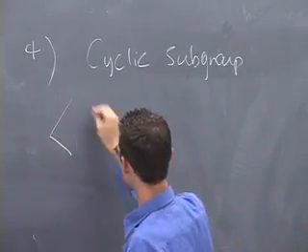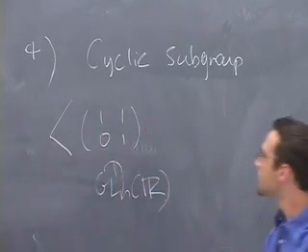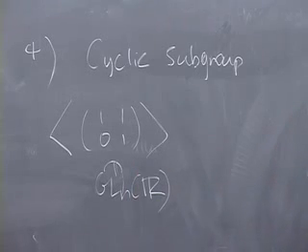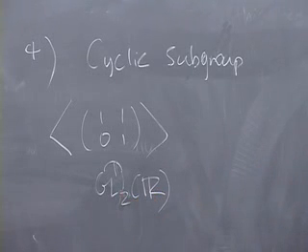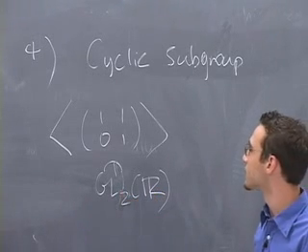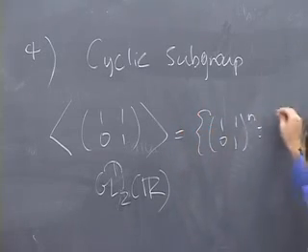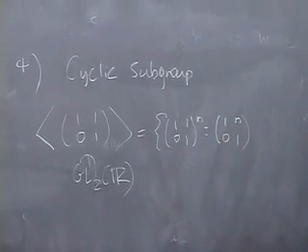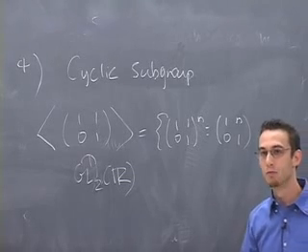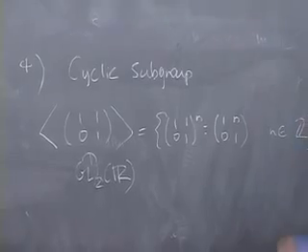If I take in GL_2(R), sorry, N is 2, the element with rows (1, 1) and (0, 1), then the cyclic subgroup generated by this thing, well, it's not hard to see that the powers of this thing all look like (1, n), (0, 1). This you can prove easily by induction, for instance. People who aren't familiar with mathematical induction maybe should see me after class. So this is ranging over all integers.